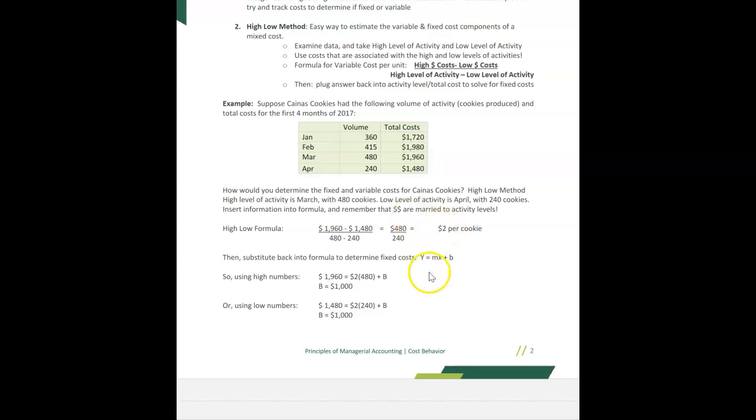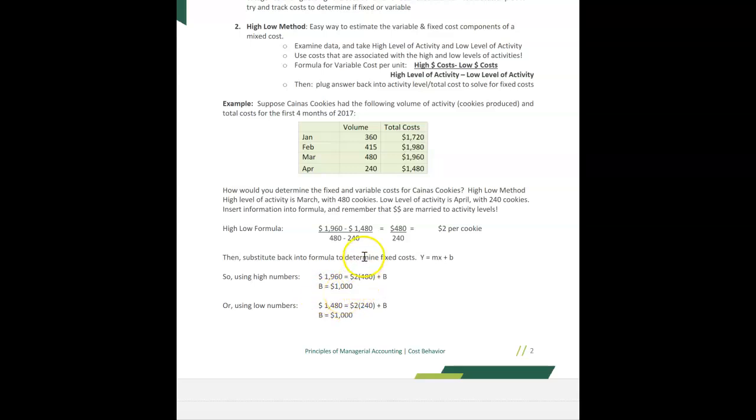Now if we substitute that $2 back into this formula for a line, we can figure out what our fixed costs are. So we can take either level, either the 1960 or the 1480. In this case we're taking 1960, and that would be equal to $2 times 480 cookies, that's our volume, plus our fixed cost, and our fixed cost ends up to be 1,000.